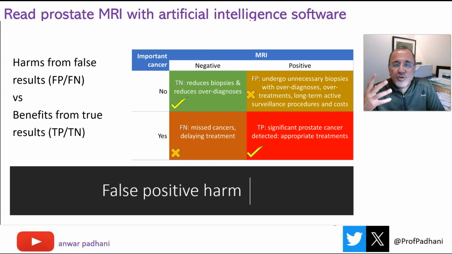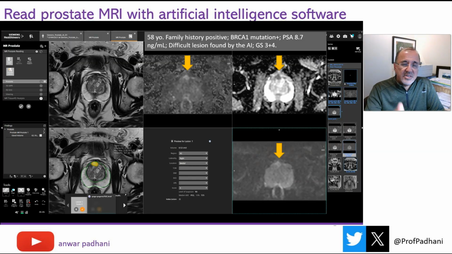We also have to watch out for false positives. So what are the false positive harms? The false positive harms are patients undergo a biopsy leading to overdiagnosis, overtreatment, and then active surveillance costs, procedures, etc. So you need to be careful of false positives. So here's that patient that we saw previously.